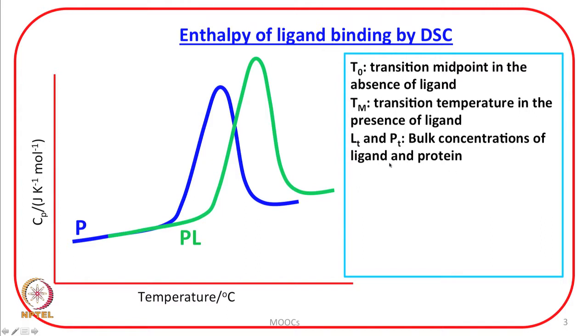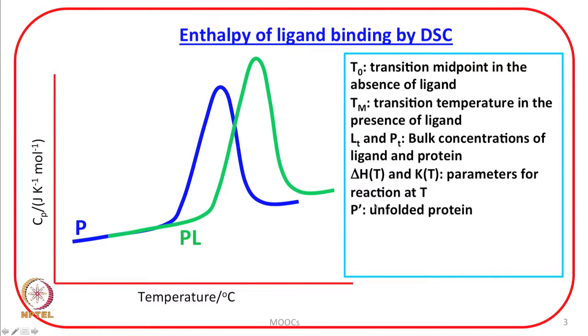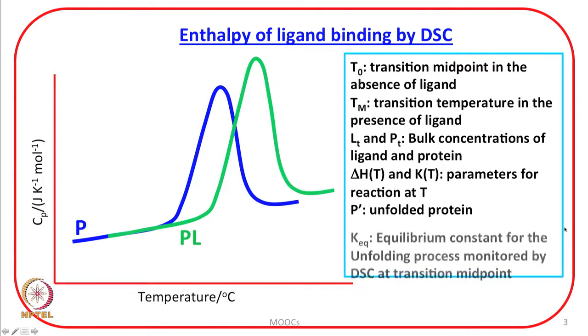These are the total concentrations of ligand and protein taken in the study. Delta Ht and Kt we will refer to parameters for the reaction at the general temperature T. And prime we will use for the unfolded state. P prime means we will be talking about the unfolded protein.